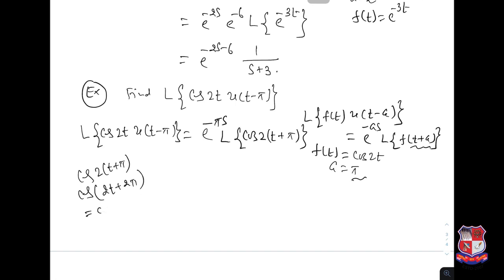So that is the first quadrant, and so that is nothing but cosine 2t. So e power minus pi s Laplace transformation of cosine 2t, and that is nothing but e power minus pi s times s upon s square plus 4. That's all.